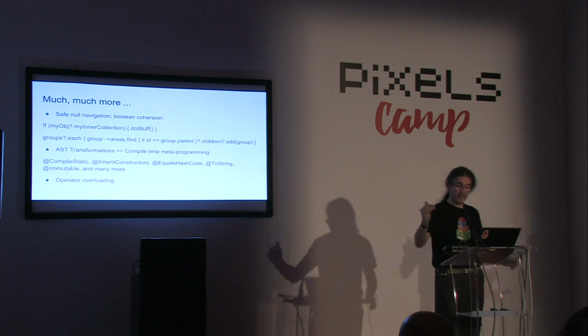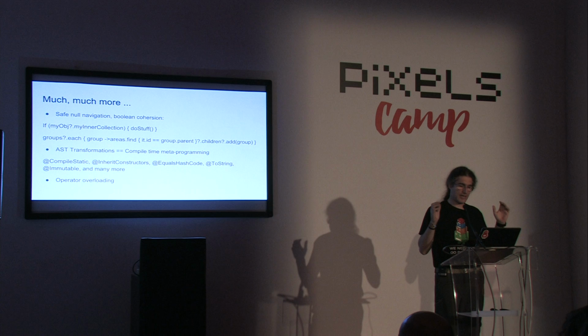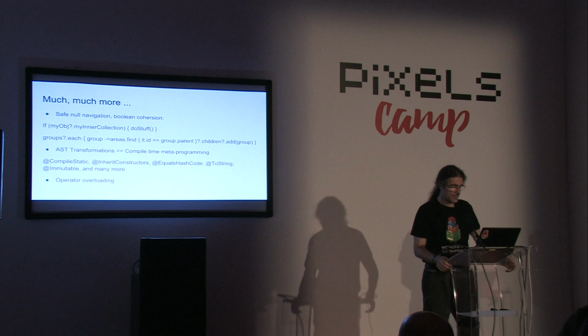And if I find it, see the question mark, and if it has children, then I add it. The amount of code I would have to write to check for nulls if I were doing this in Java would span two or three pages, I guess. So you get to express your ideas in a really concise way.